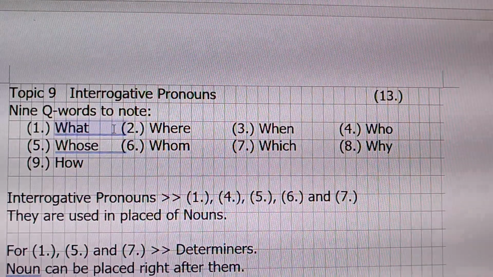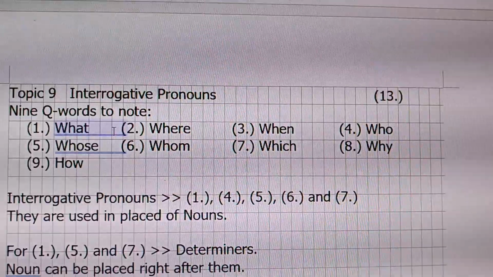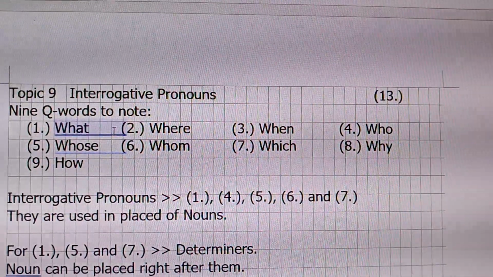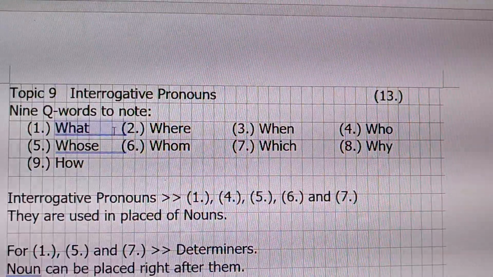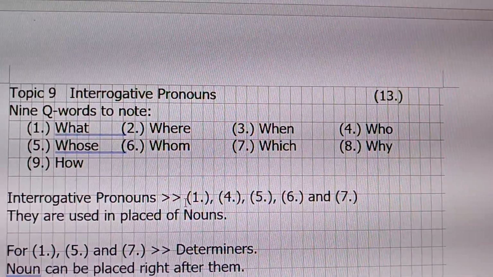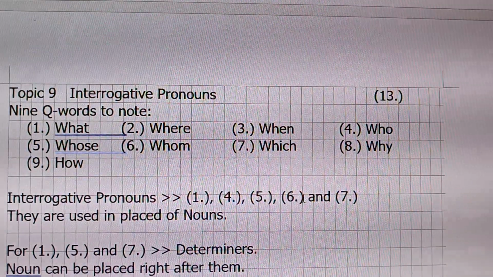That's why I say memorizing is a very good technique, but not to memorize everything. Memorize key words, key points, to help yourself.